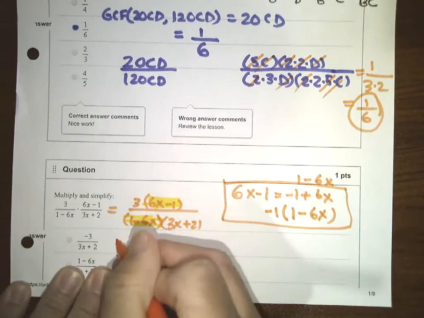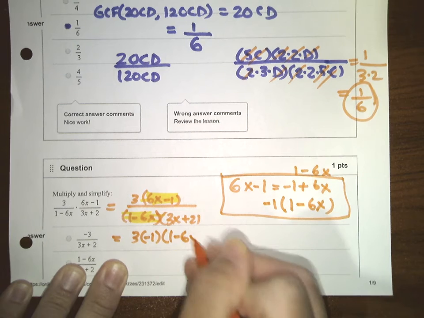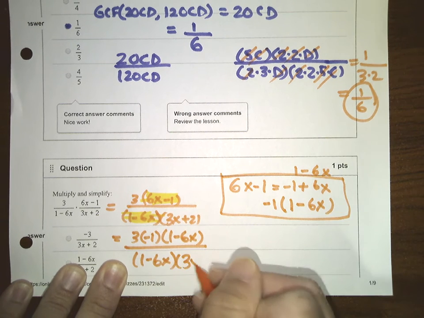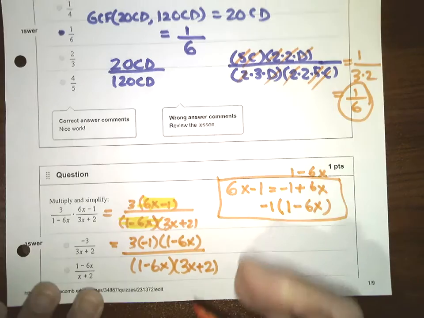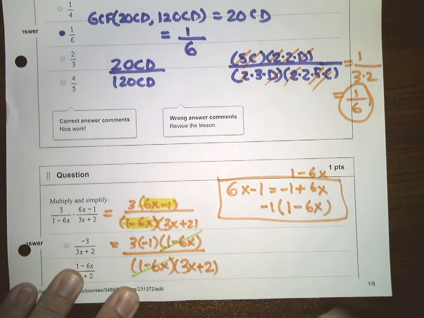Now, if I do that, I have 3 times -1 times 1 minus 6x divided by 1 minus 6x times 3x plus 2. And now I can see that I can divide out the greatest common factor, which is 1 minus 6x.